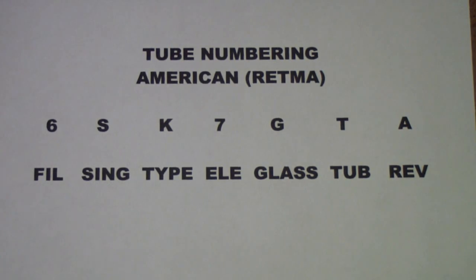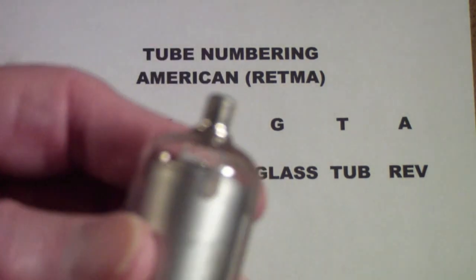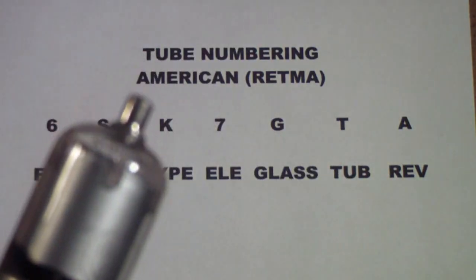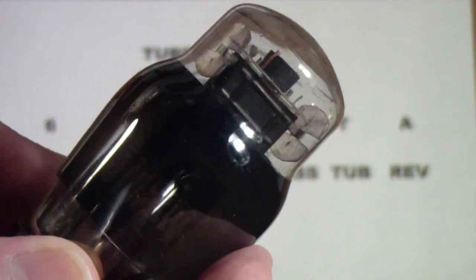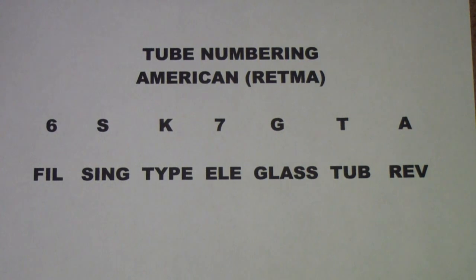If it is a glass tube in the tubular as opposed to the pinched style, notice that this one, the envelope is pinched up here, then it was called a GT for glass tubular. And then finally, they might add additional letters on the end for revision numbers.